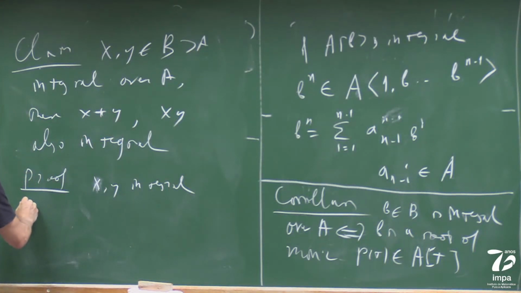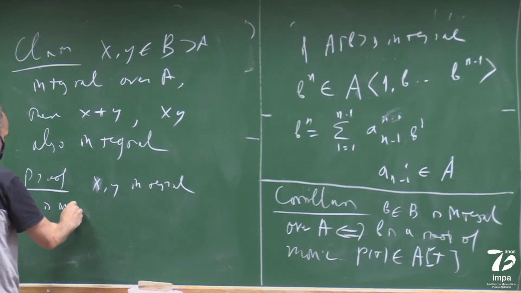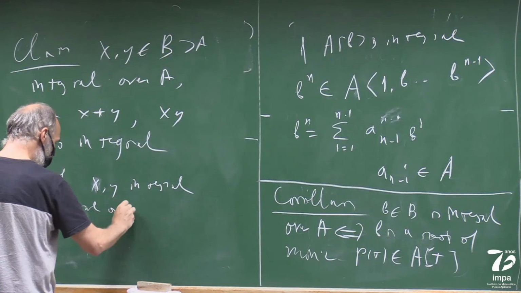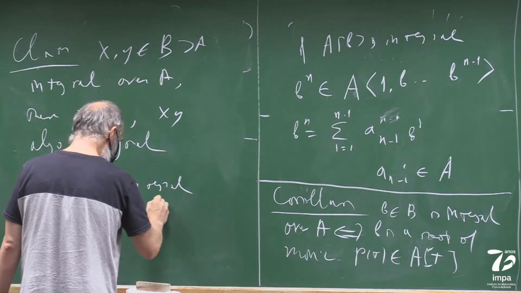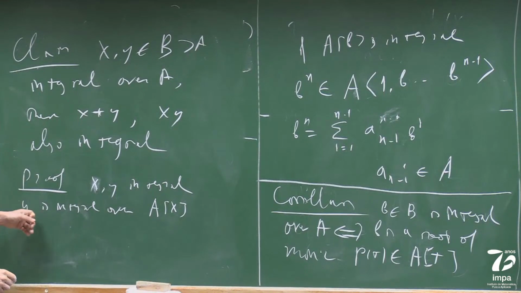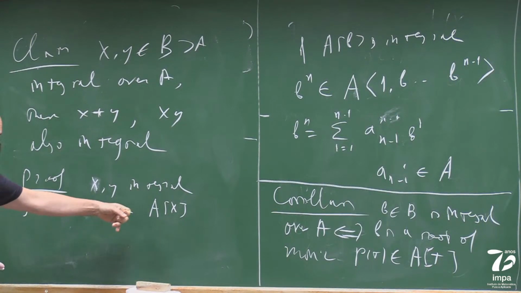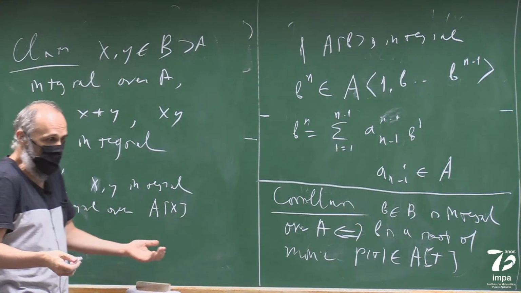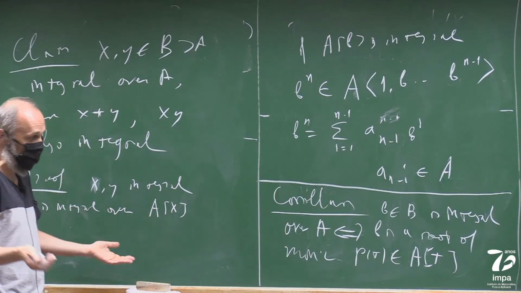This means that y is integral over A of x. This is because y is a root of a monic polynomial with coefficients in A, but then it is a monic polynomial with coefficients in this bigger ring. It's the same.